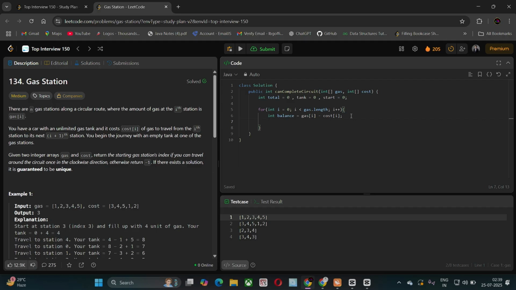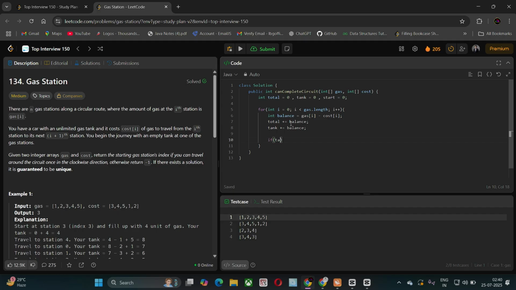Now we make our total: total plus equal balance, and our tank plus equal balance.